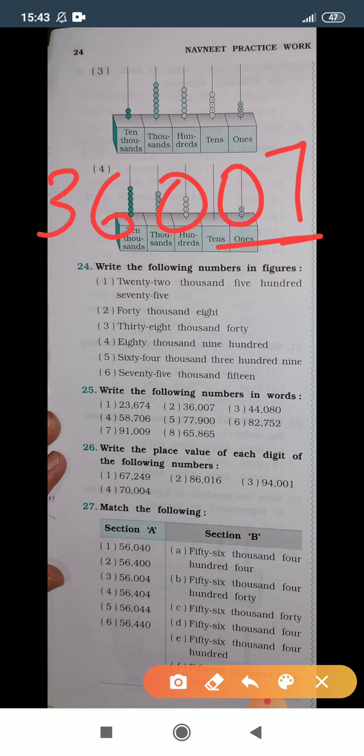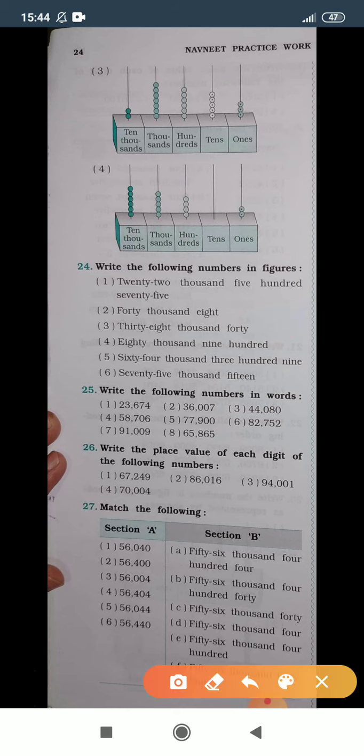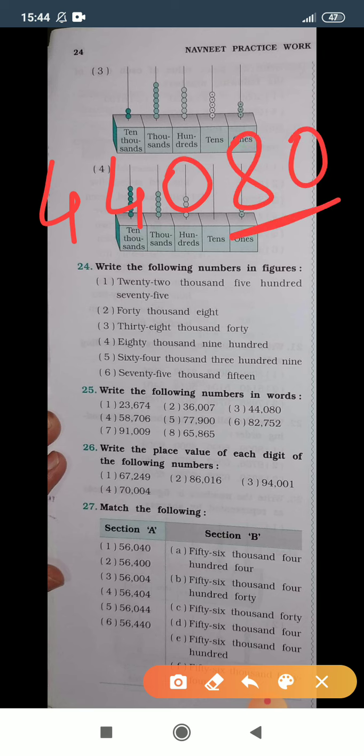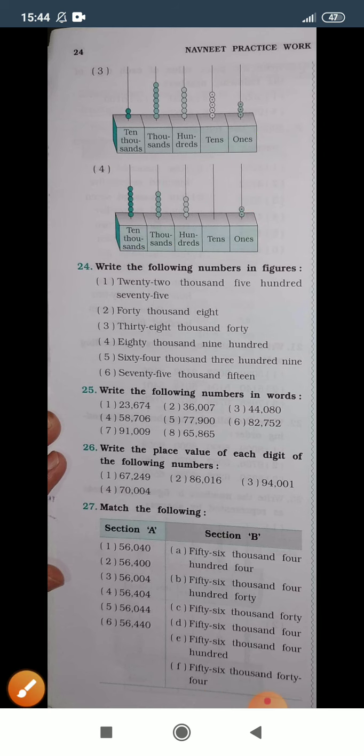Let's see number 2, 36007. 36,007 is your answer as per the place value. The third, 44080. These two together, these two together. So 44,080 is your answer.